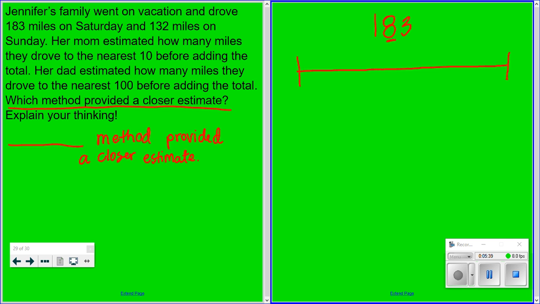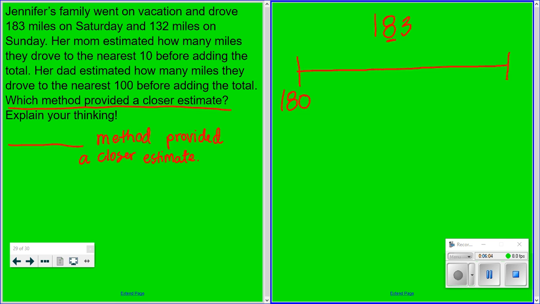Autumn, do you know what my first endpoint is? It's not 80. Look at that first. We still have to include our 100. 180, yep. The one end of your number line should say 180.